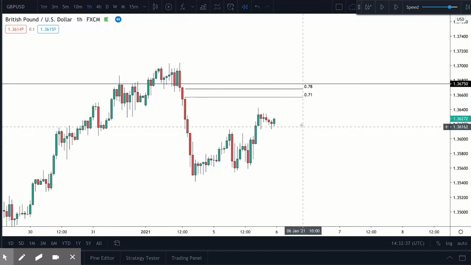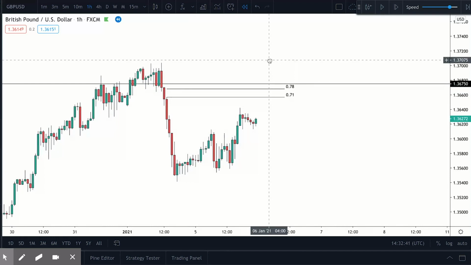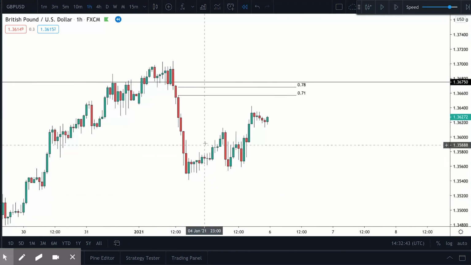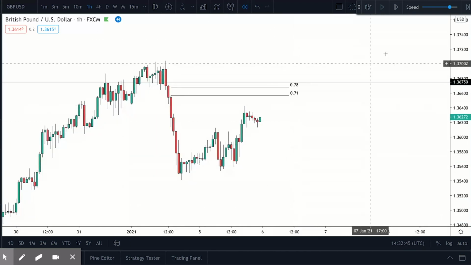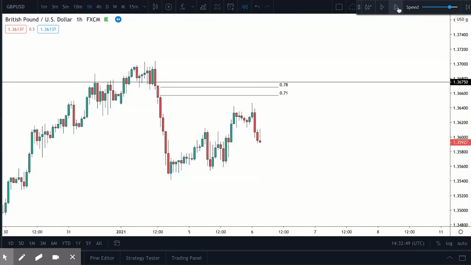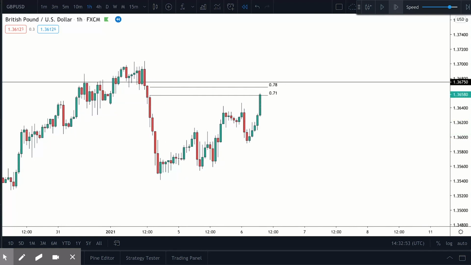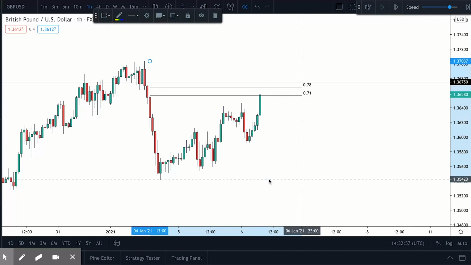So that is, of course, the point where I'm saying use them as an additional confluence, not as the leading confluence. But we've seen the shift in structure. We know we want to sell this market. Now we can use these Fibonacci tools for some more confidence. And generally, we would then want to wait until these Fibonacci levels are retested to actually put in our sell order.